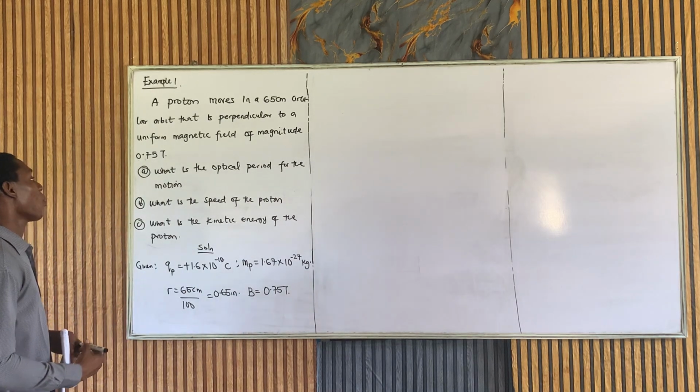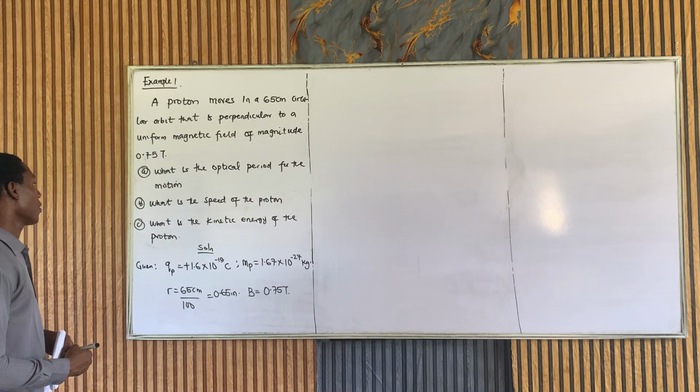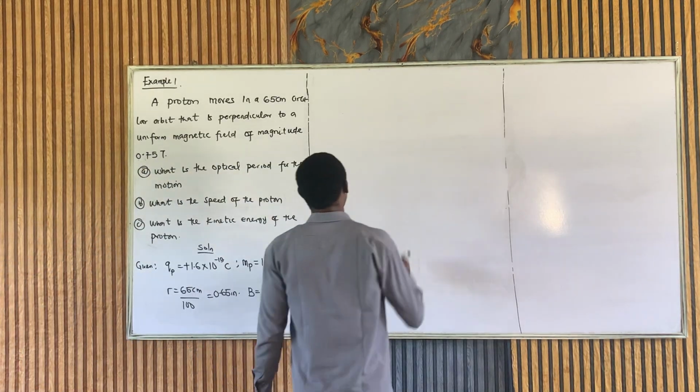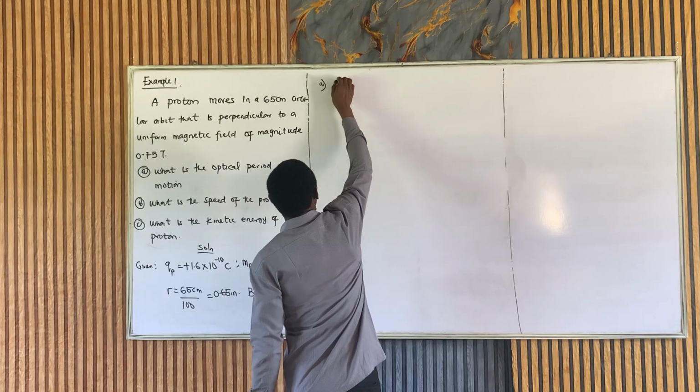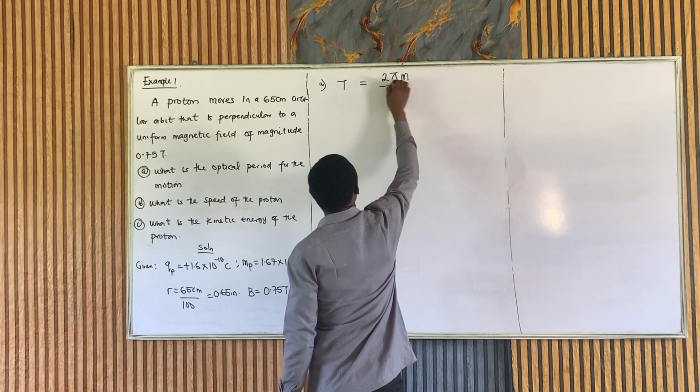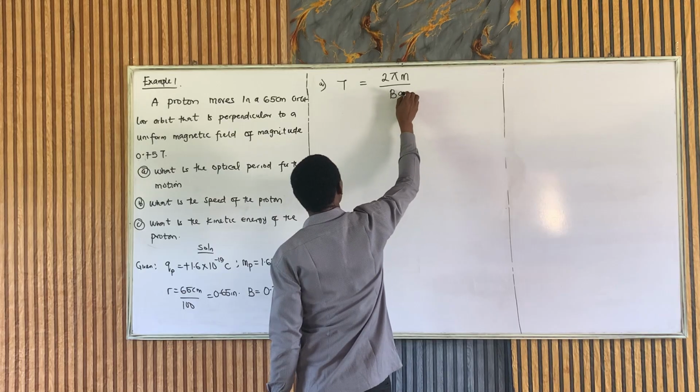Now the first thing is, what is the orbital period for the motion? Well, we've said that period is equal to 2 pi m over BQ.